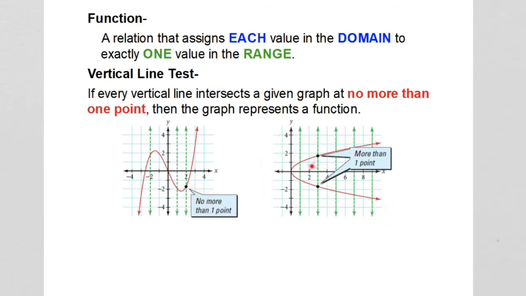In this second picture, when we draw a vertical line, we hit 2 points. And that happens in various positions of the vertical line, because here you can also see it gets hit twice. So this is more than 1 point, so this would not be a function. Let's go ahead and see other examples.